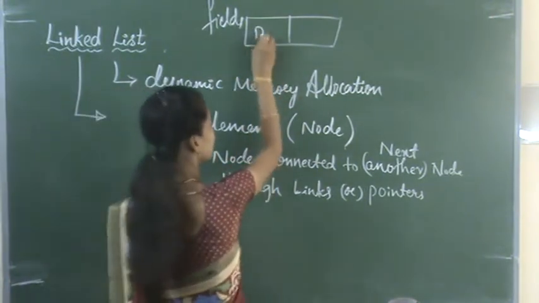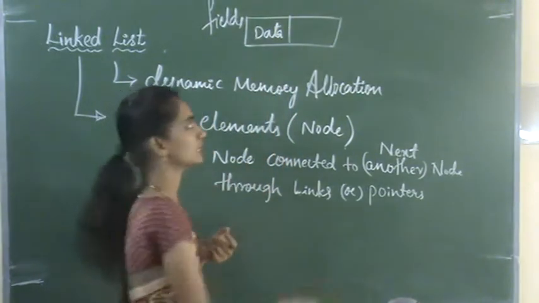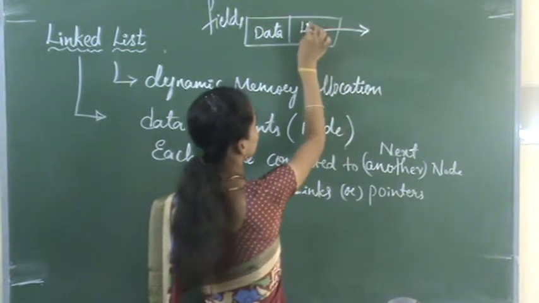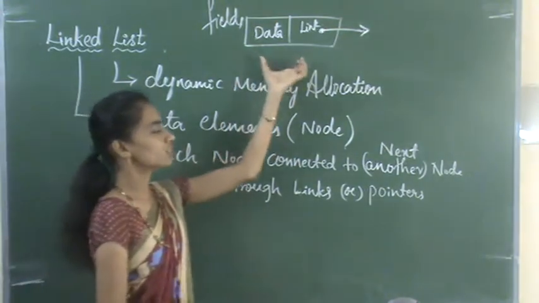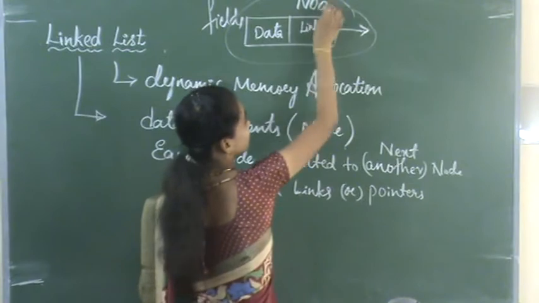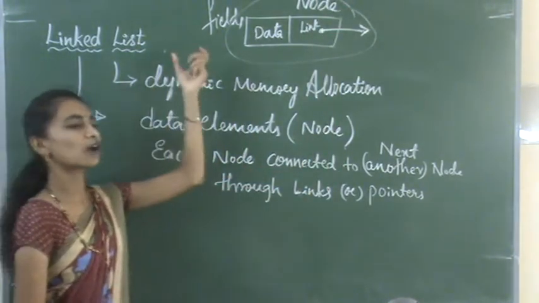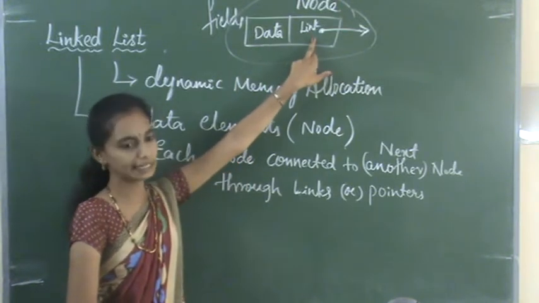One is the data field and another one is the link field. Each node, this complete thing, we call a node, okay?